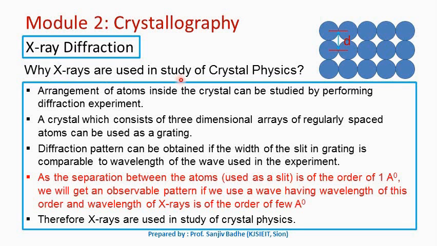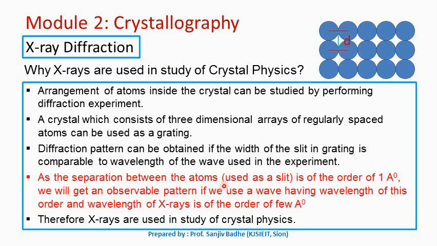Now, why are X-rays used in this diffraction experiment? If you find the width of the slit, it will be of the order of the diameter of the atom, and the diameter of the atom is of the order of a few angstroms, 1 or 2 angstroms. So in order to perform the diffraction experiment, we need waves having a wavelength of this order, that is of the order of 1 or 2 angstroms.